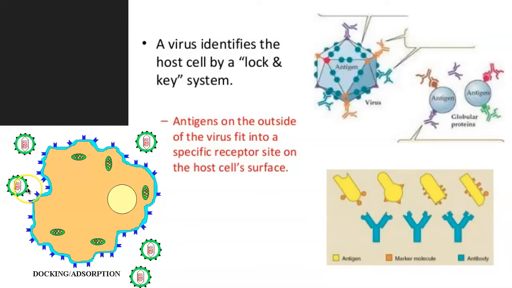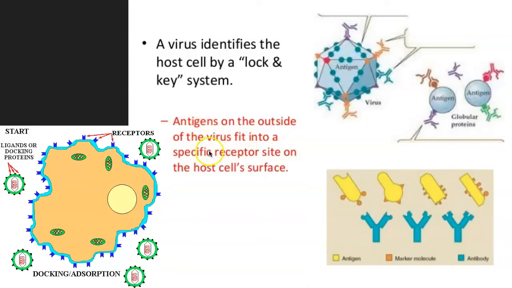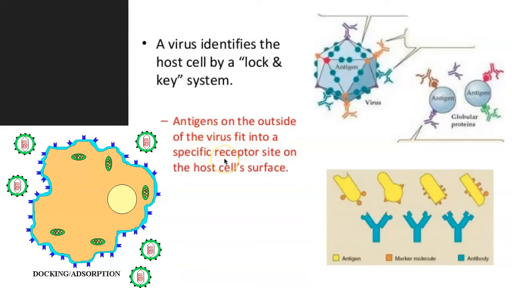It's going to slowly come over, and look, it's going to match with those, and the cell is going to grab onto those and pull it right in. Now, let's say that these were little squares on the outside. Notice these markers don't have anything to do with the square, so this cell would not be affected by this virus because of the antigens. So the antigen on the outside of the virus fits to the specific receptor on the host cell.